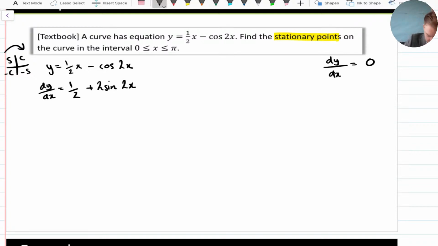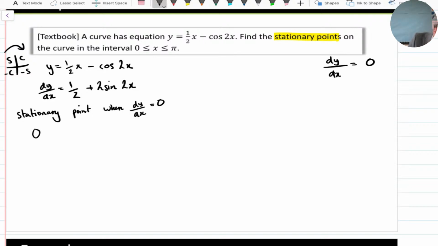So now, because we're asked to find the stationary points, we're going to find when dy by dx is equal to 0.